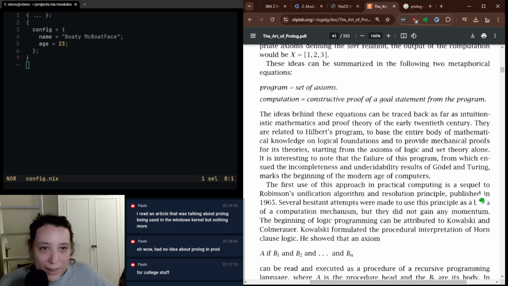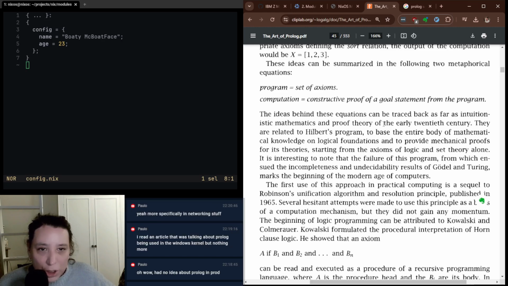The ideas behind these equations can be traced back as far as intuitionistic, I don't know this word, intuitionistic mathematics and proof theory in the early 20th century. They are related to Hilbert's program, I almost read this wrong, to base the entire body of mathematical knowledge on logical foundations and to provide mechanical proofs for its theories starting from the axioms of logic and set theory alone.